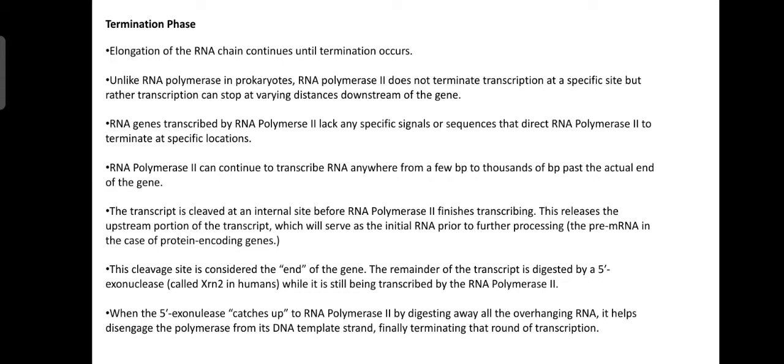What is the termination phase? Elongation of the RNA chain continues until the termination occurs. Until the termination occurs, the elongation will continue as it is. Unlike RNA polymerase in prokaryotes, RNA polymerase II does not terminate the transcription at a specific site, but rather it can stop at varying distances downstream of the gene.